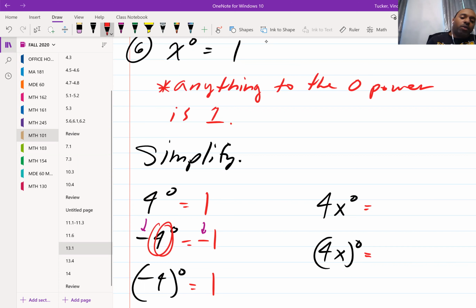Going back here, the only thing that was affected by the 0 power is that 4. So for this one, 4x to the 0 power, same thing. Only thing that's being affected by the 0 power is the x. So there's 4 times 1, which is 4. And then there's this last one, everything in the parentheses is being affected by the exponent. So your final answer is 1.